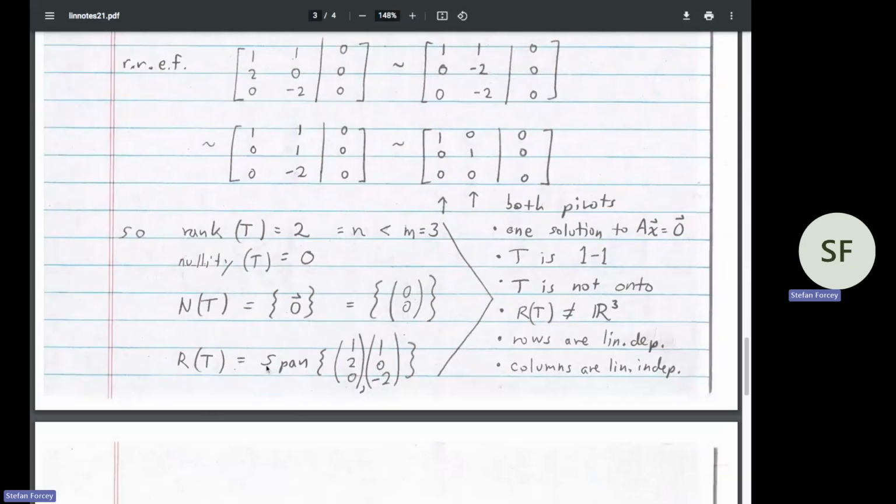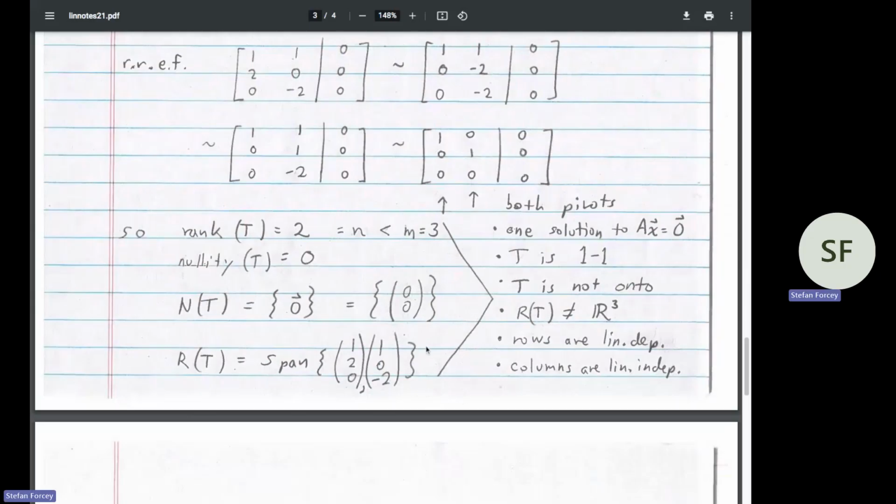And the range of T, for each of those pivots, I take the original column of A, (1, 2, 0) and (1, 0, negative 2), and write the span of that. We also know that the range of T does not equal R3 because the rank is 2, which is smaller than 3. And so we know that this is not onto.